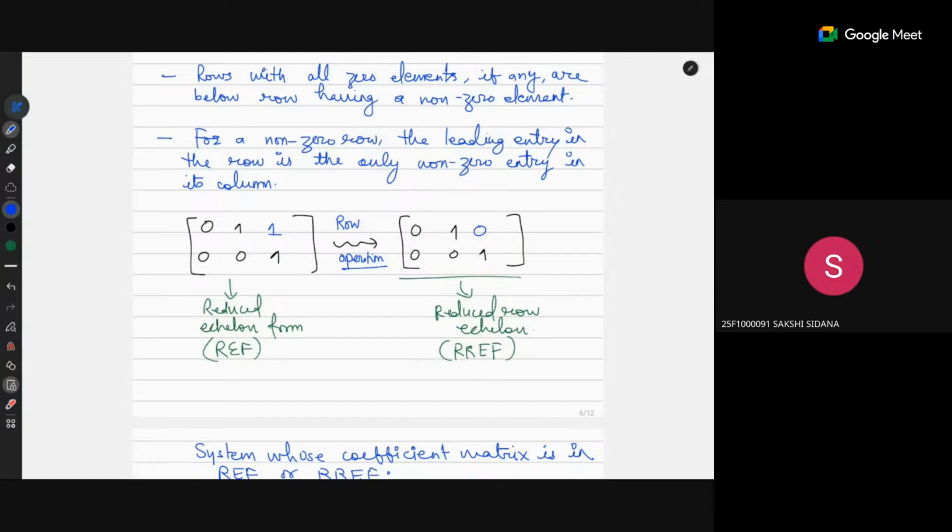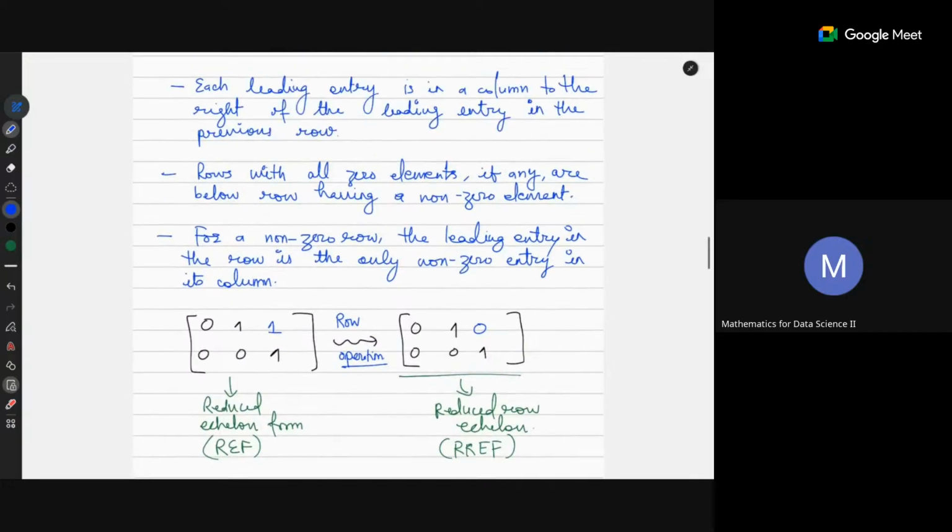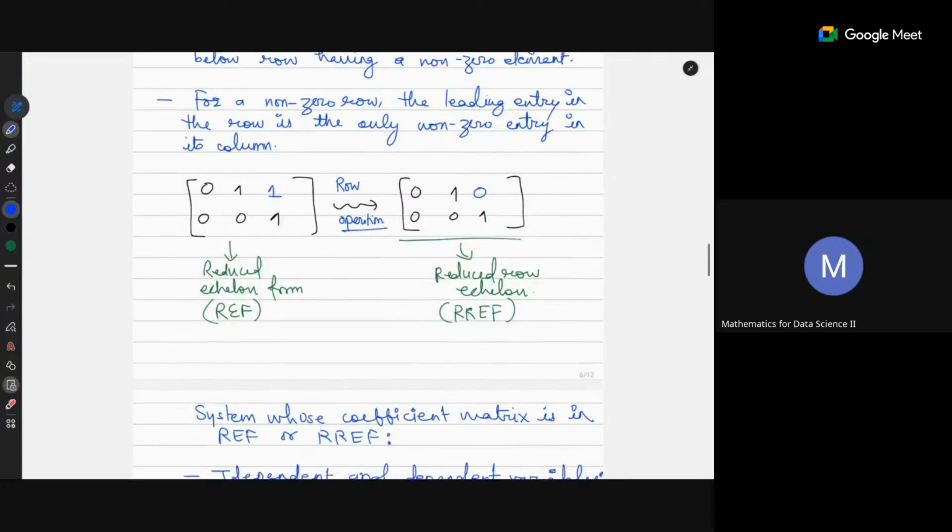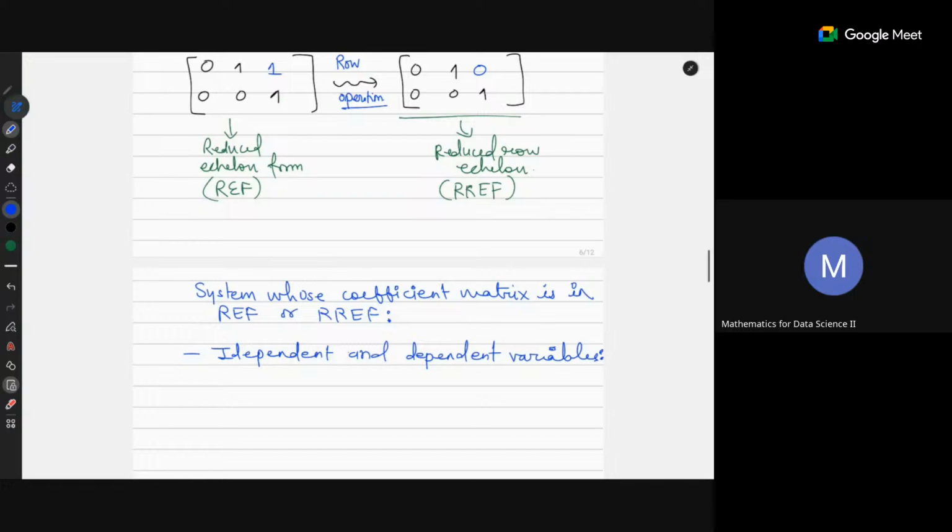Sir, please explain the third point once. I am confused about rows with all zero elements. Yeah, so last time, rows with all 0 entries should be at the bottom of the matrix. That means there cannot be any non-zero row below a 0 row in REF or RREF. What I'm saying is that this is not allowed.